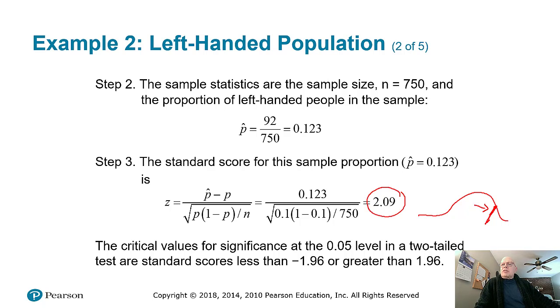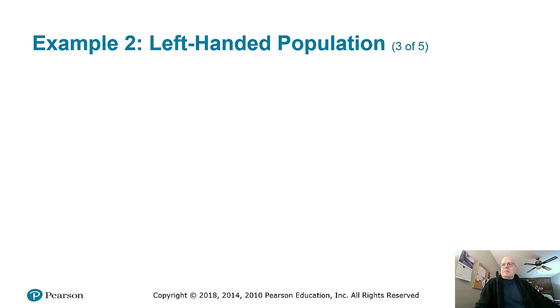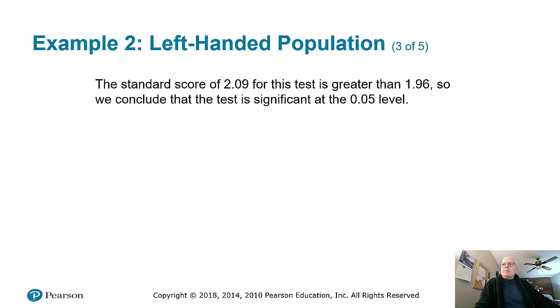For a two-tailed test, the standard scores are less than negative 1.96. We know it's not that for this one. 1.96 on the right-hand side. It's over 1.96, the 2.09 we got for the z test score.